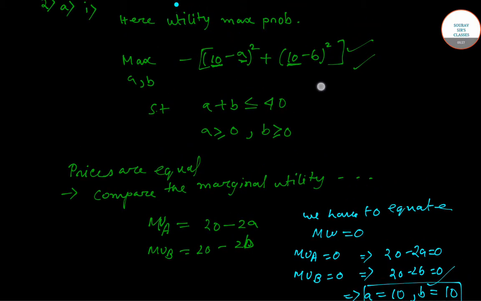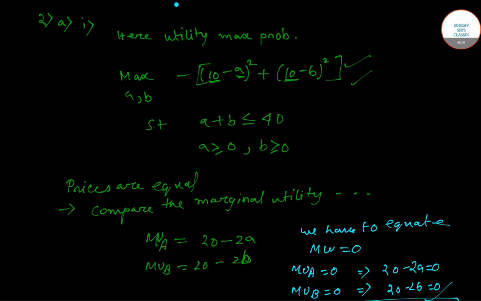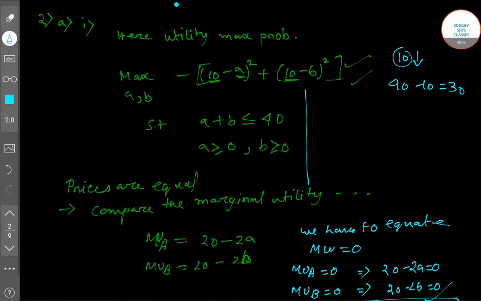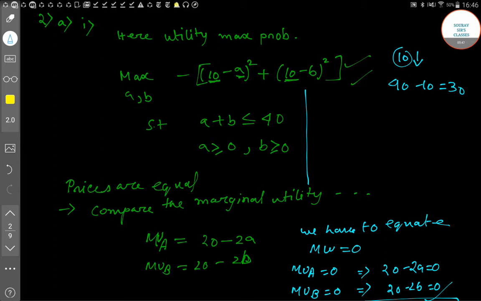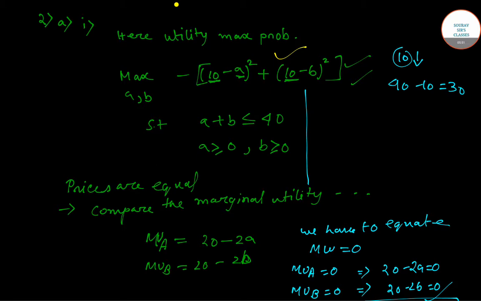Now in the next section it is given that the income has fallen by 10. So from 40 it has become 30. So by doing this, we know the maximization condition will be the same, but a plus b, sorry, it will be 10 only.